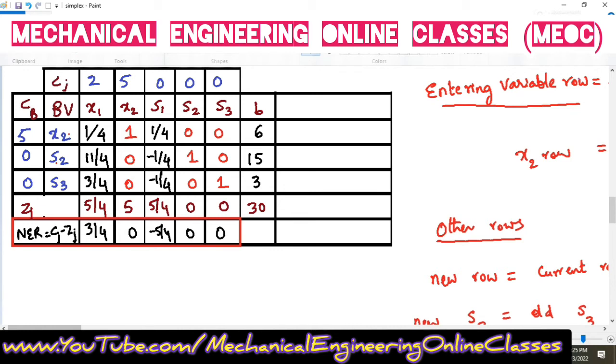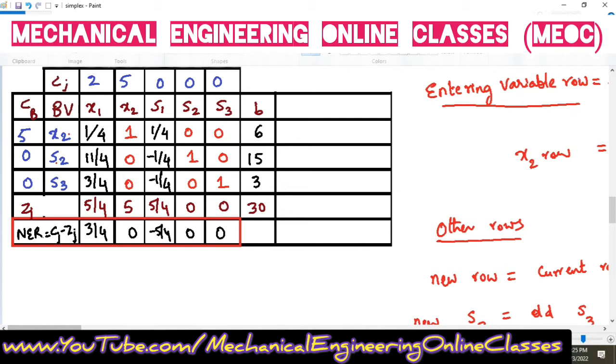As we have already discussed, the NER is the net profit in Z for each unit of the respective column variable that is introduced into the solution. Now for example, if we check the NER for x2, s2 and s3, it is 0, 0 and 0 because x2, s2, s3 are already in the solution, their contribution is already there.